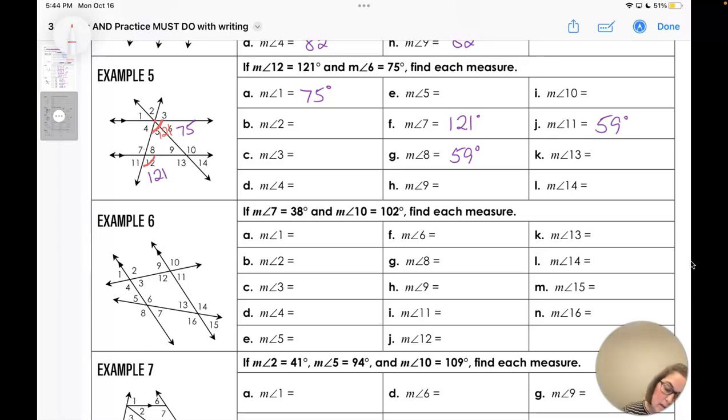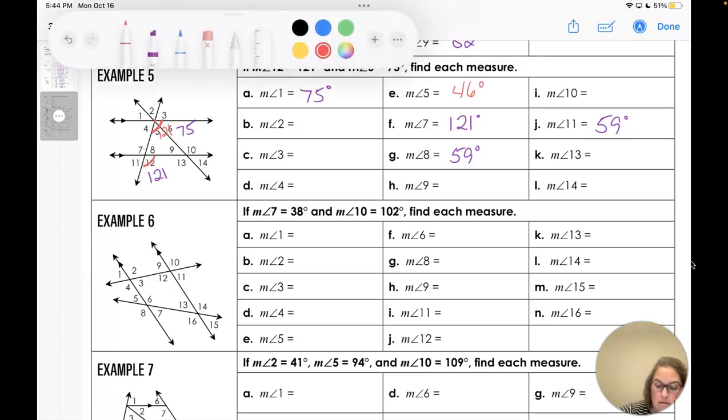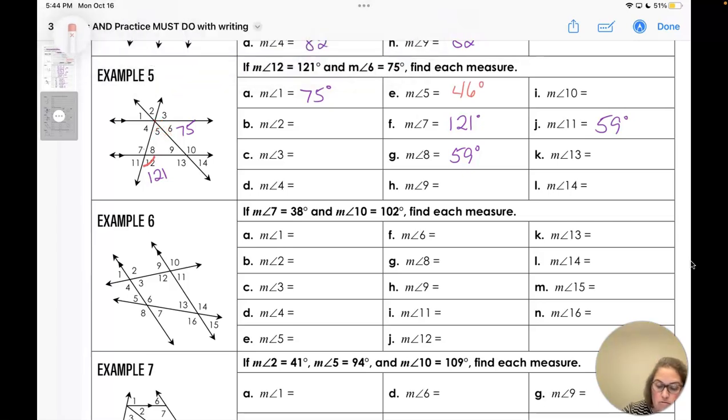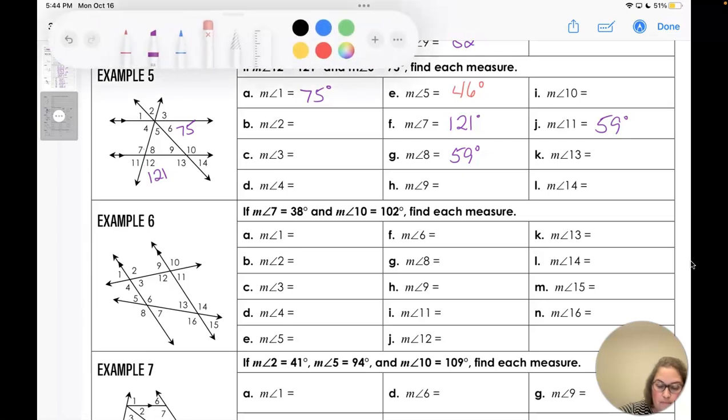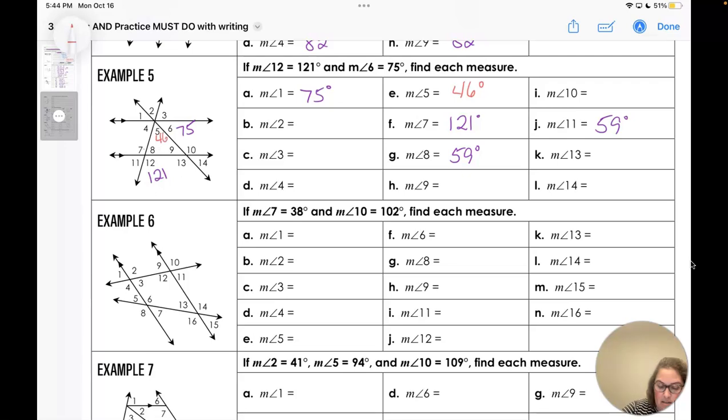So we should end up with 46 for angle 5. Okay, so then if this is 46, that also makes number 2 46. Then you should be able to figure out the rest of those.